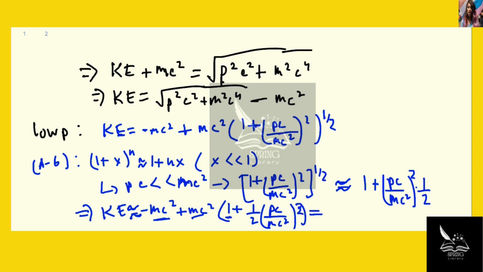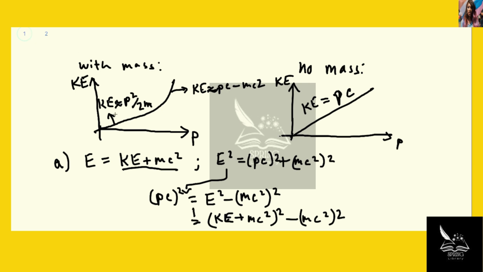So your mc² cancels with this mc², and the c² on the numerator cancels with the c² remaining in the denominator. What you end up with here is that KE is just p²/2m, which is the classical relationship for kinetic energy and momentum. So it would be this regime.